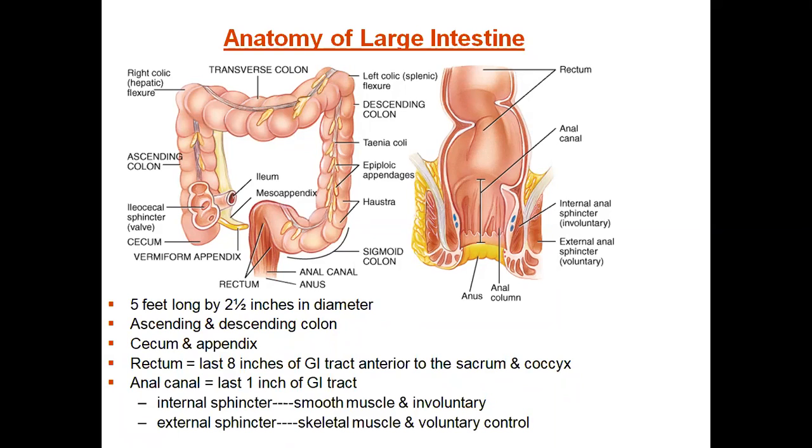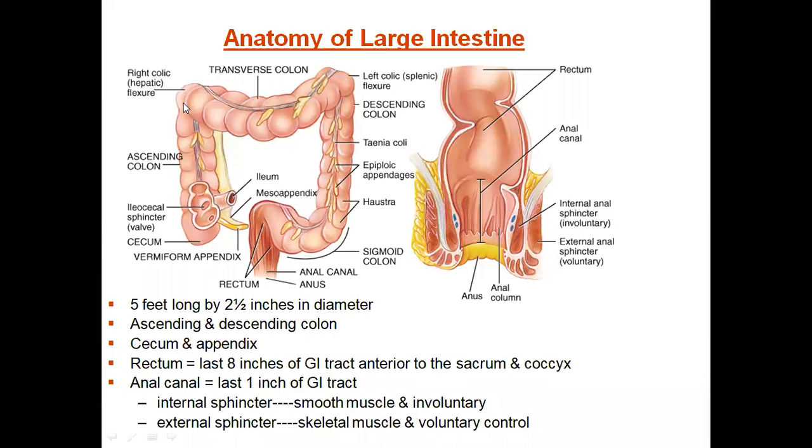We have what we call the ascending colon. Then we also have what we call the transverse colon. Ascending colon means it is ascending, going up. So from the cecum, we have the ascending colon that ascends up to almost where the liver is located.